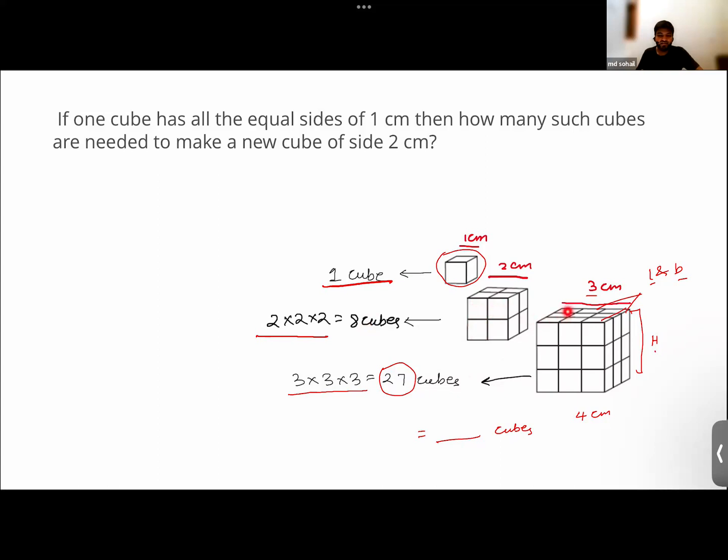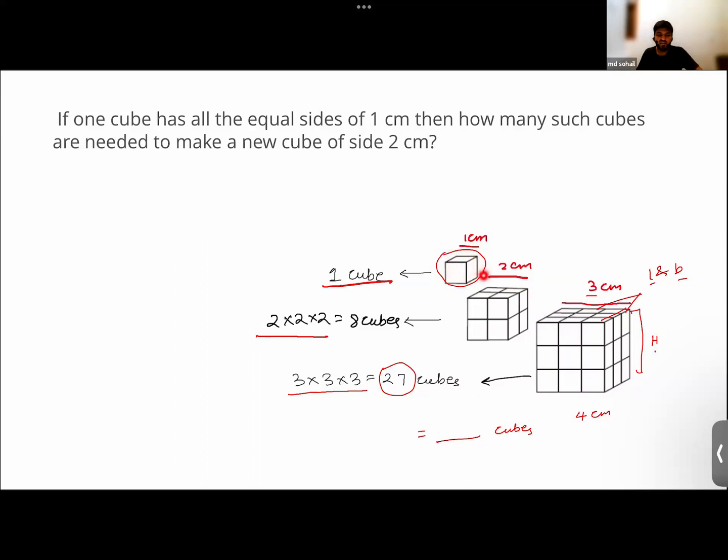Now I needed to make such a cube in which each side measures 3 centimeter. So for that purpose, how many cubes do I need to take? Look, we are not taking this cube as the standard here. All the bigger cubes are made out of using this cube which measures 1 centimeter, whose length, breadth, and height measures 1 centimeter.